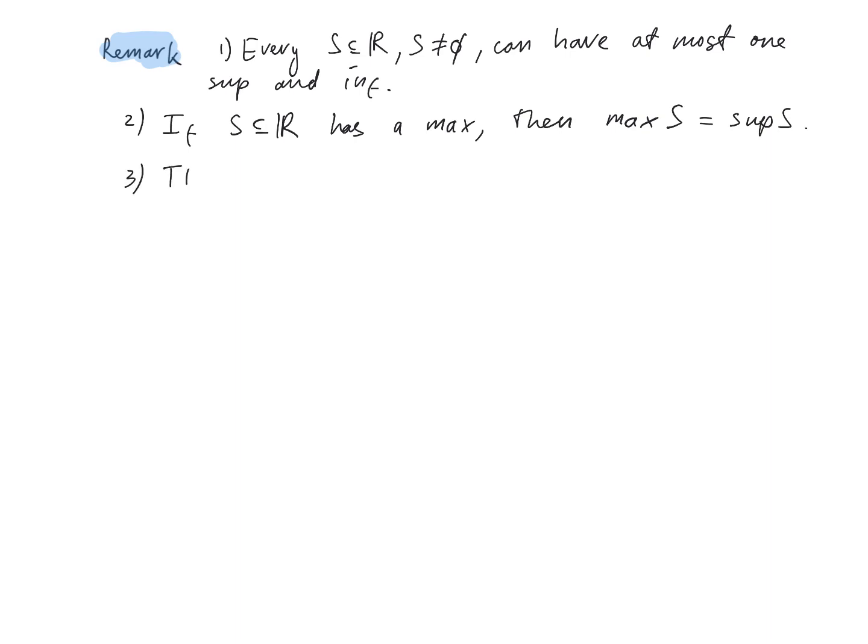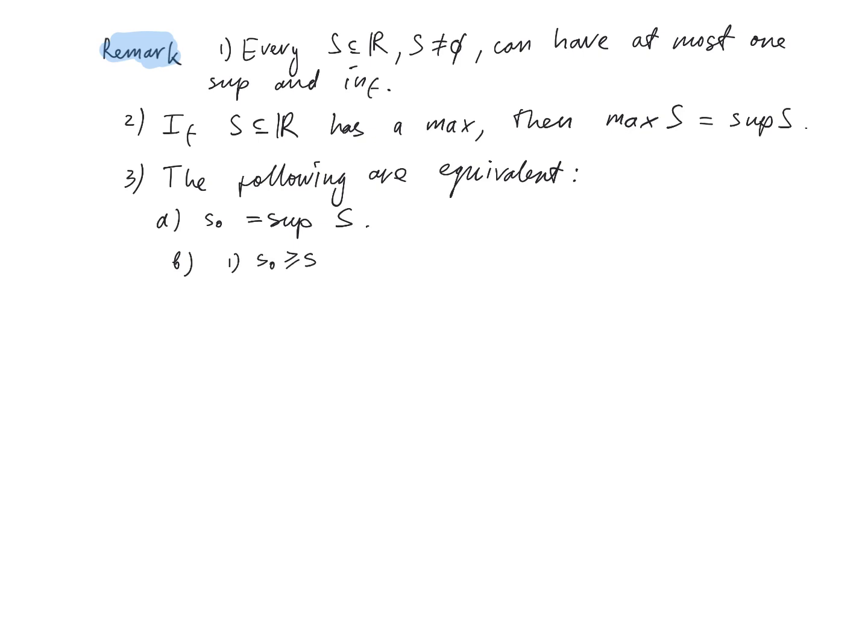3. The following are equivalent. A. s0 is the supremum of the set S. B. We have that s0 is greater or equal than s for all elements little s in the set capital S, and if s1 is greater or equal than s for all elements s in S, then s1 is greater or equal than s0.